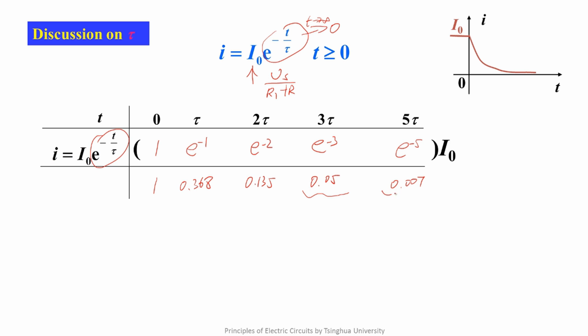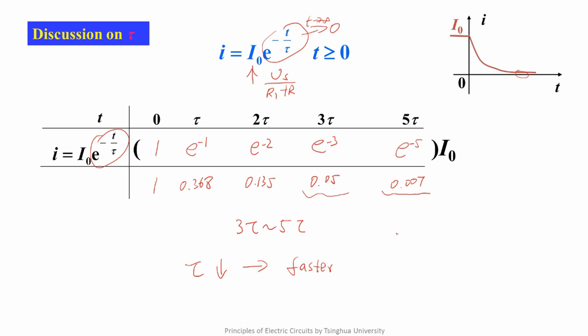When t is greater than or equal to 5 tau, it decays to less than 1% of the initial value. So in engineering, we often consider the whole transient process finished after 3 tau to 5 tau. This is the second important advantage of tau. The smaller tau is, the faster the transient process changes.